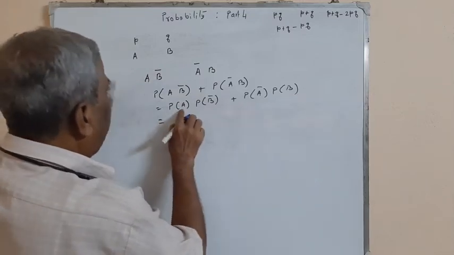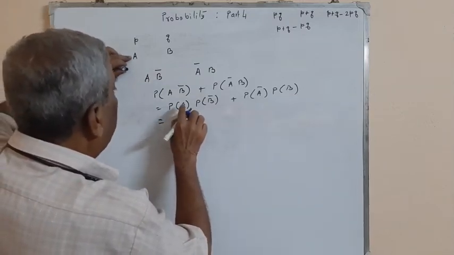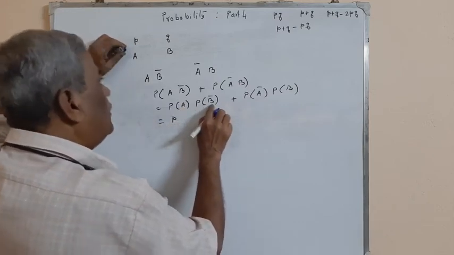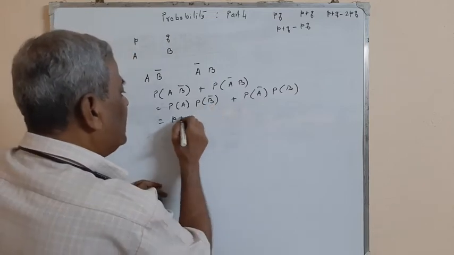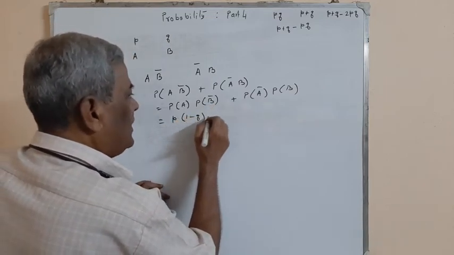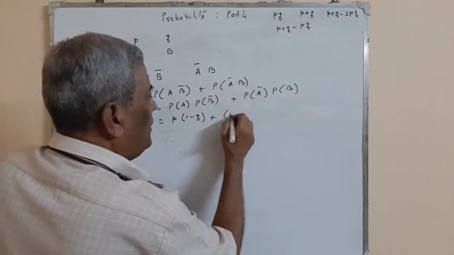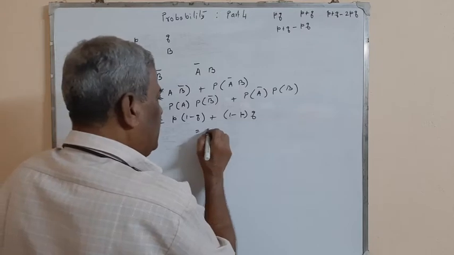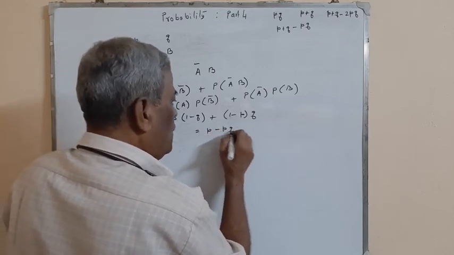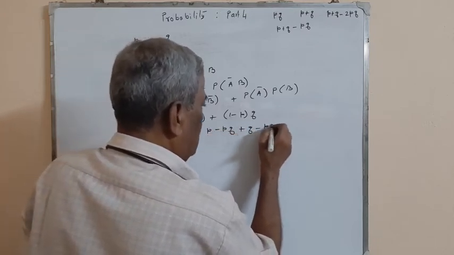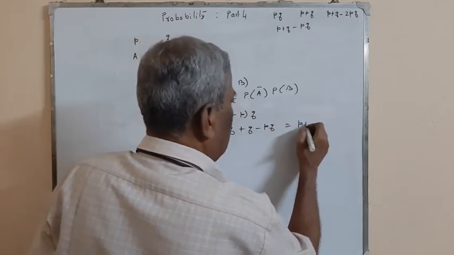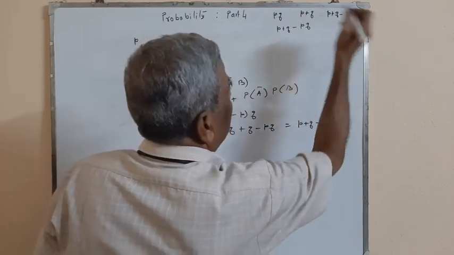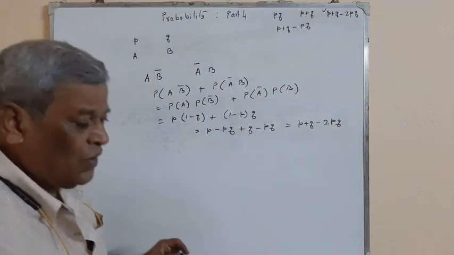Now the probability of solving the problem by A is P, and the probability that B failed to solve it is 1 minus Q. Similarly, this is 1 minus P into Q, so that it is P minus PQ plus Q minus PQ, which is P plus Q minus 2PQ. So this is our correct option.